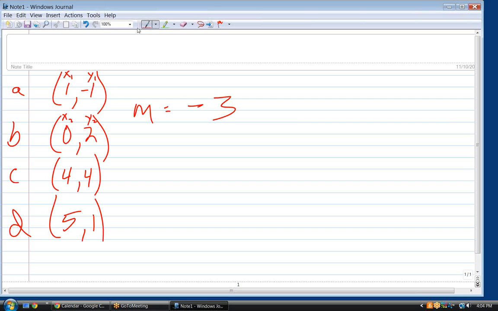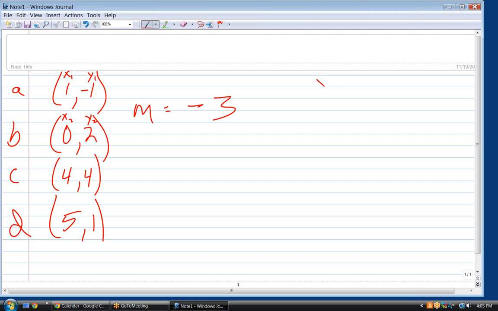Okay, so now that we have the slope, which format should we use? What did they want? They wanted the equation of the line between A and B, right? Okay, so we've got 2 choices. What are your 2 formats that you know about for equations of a line?